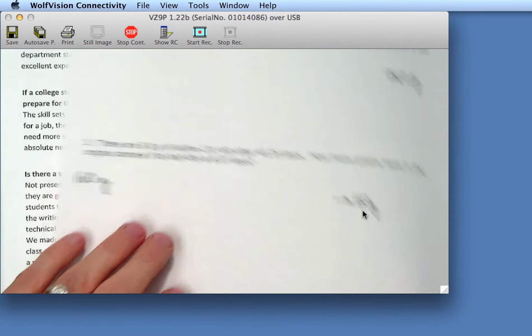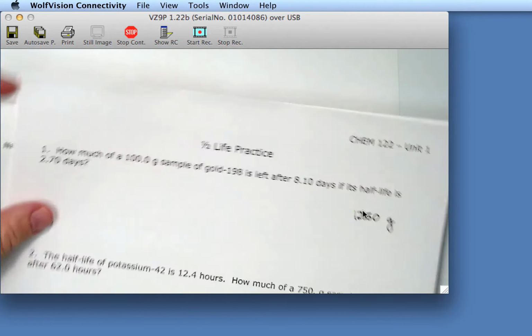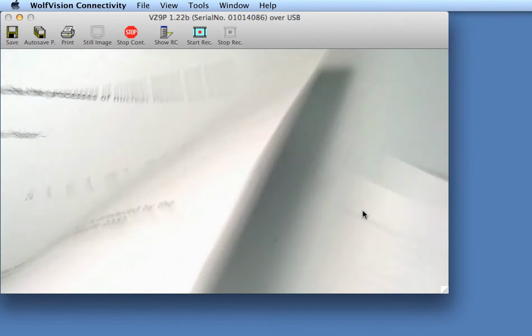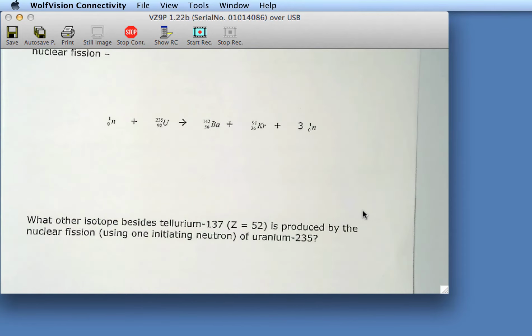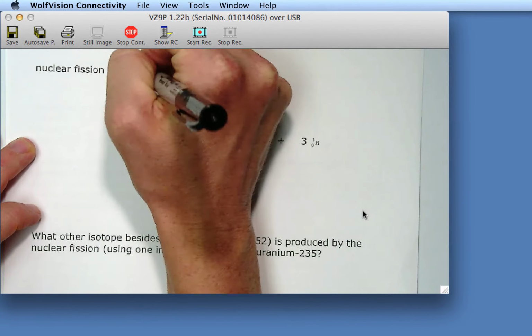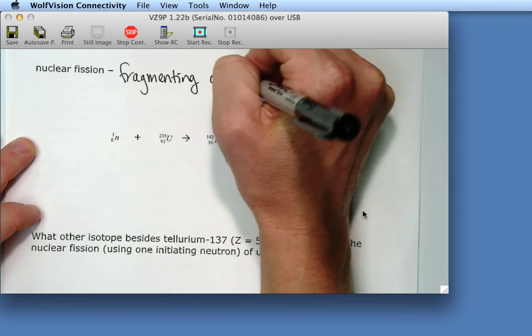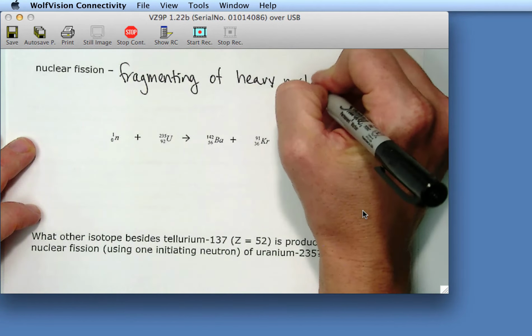Okay, the last page of our Unit 1 note packet. The process of fission and fusion. Nuclear fission is the fragmenting of heavy nuclei.